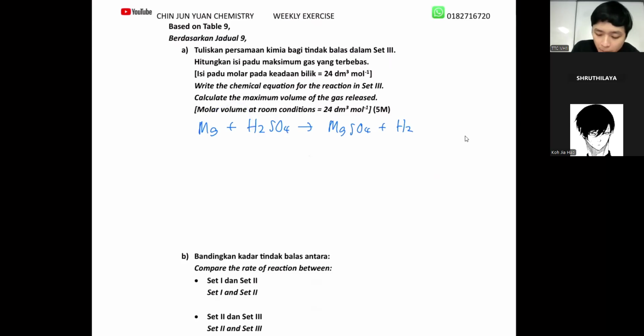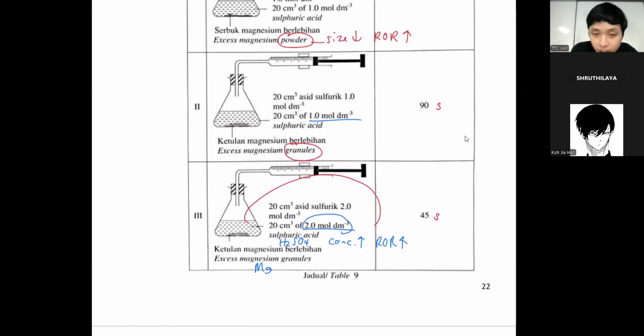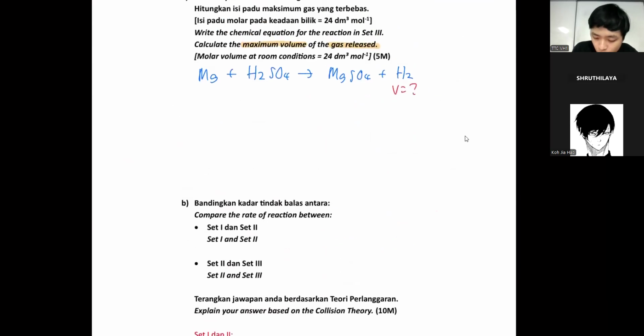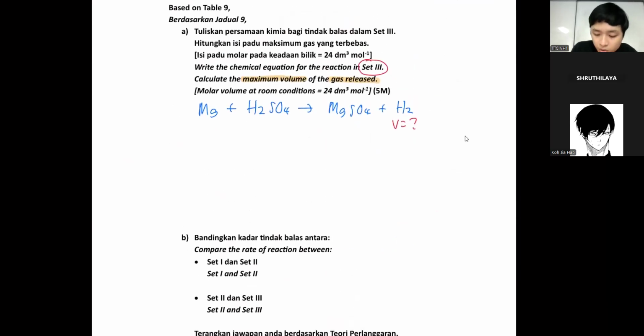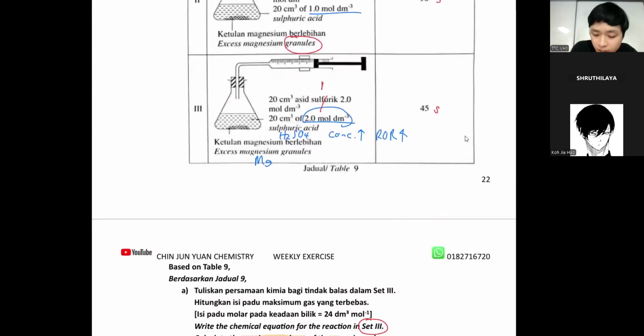Then they ask for the maximum volume of the gas released. So once again, V equals question mark for H2. Check back what they gave in set 3: the molarity is 2.0 and the volume is 20 cm3.